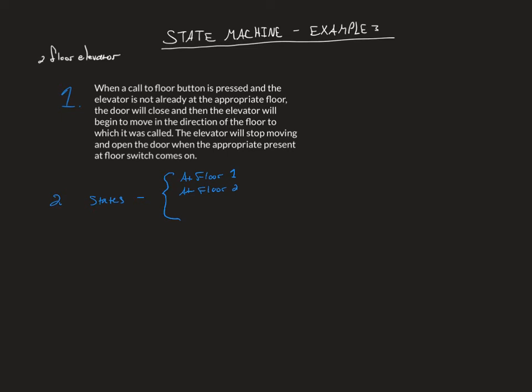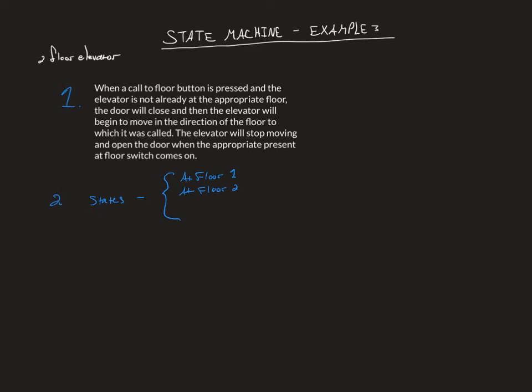However, it's not really enough, because there is a certain period of time where the elevator is transitioning from floor 1 to floor 2 or from floor 2 to floor 1. So we really need to have a unique state for when the elevator is going to floor 1, because that is not the same as being at floor 1, right?